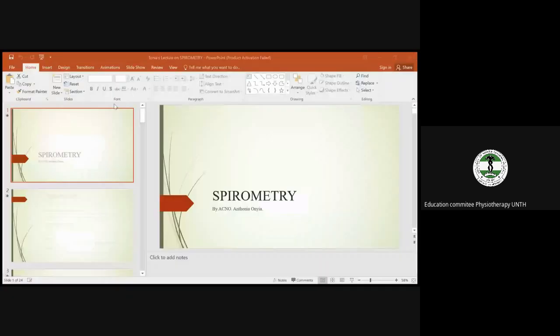After our discussion today, we'll be able to know what spirometry is all about, which is very vital in physiotherapy practice.